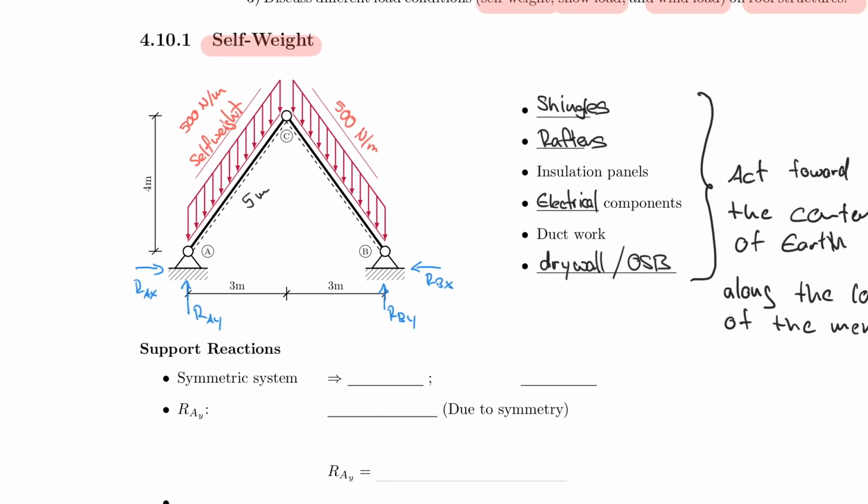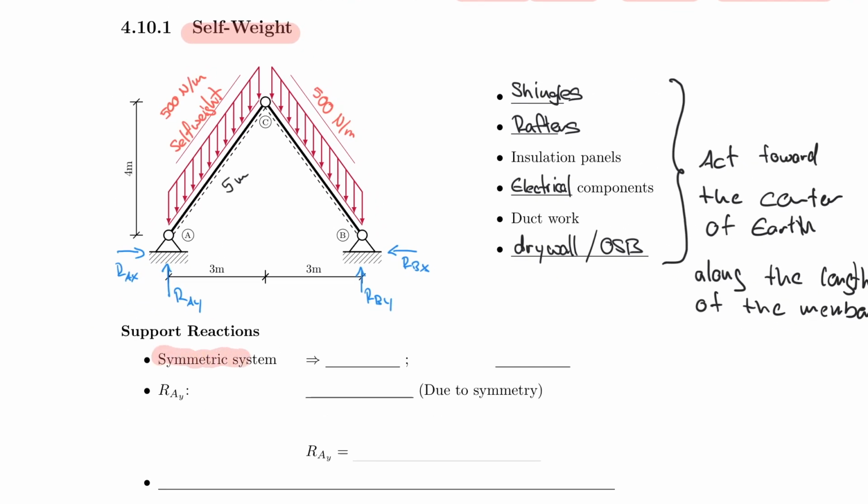And because we have a symmetric system, we know that RAY must be equal to RBY. So that is one condition that we can take from the symmetry. And similarly, we can say that RAX is equal to RBX. That must be true because otherwise symmetry would not work out.